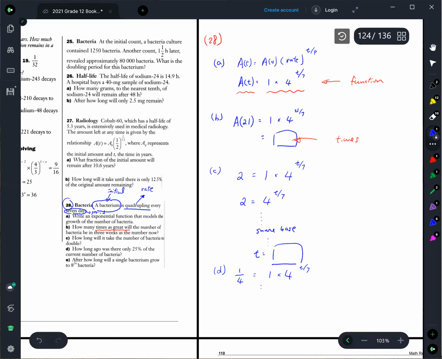Okay, and then from there, you also do the same thing. You make it into same base. The 1/4 you can write as 4 to the -1. Right hand side is 4 to the t/7. So from there, you think about how to solve for t.